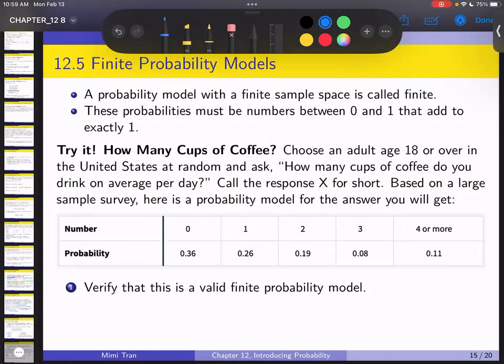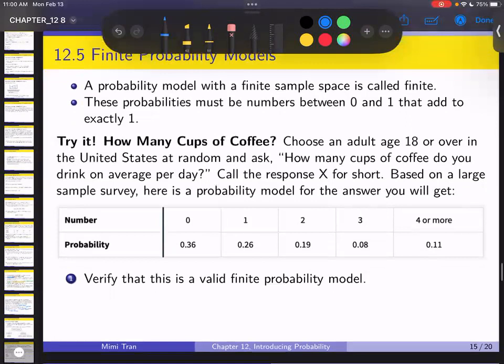So the probability of 0 cups, an American not drinking coffee, is 36%. The probability of 1 cup of coffee per day is 26%, etc.